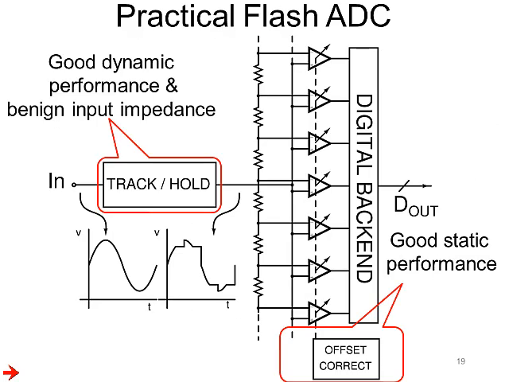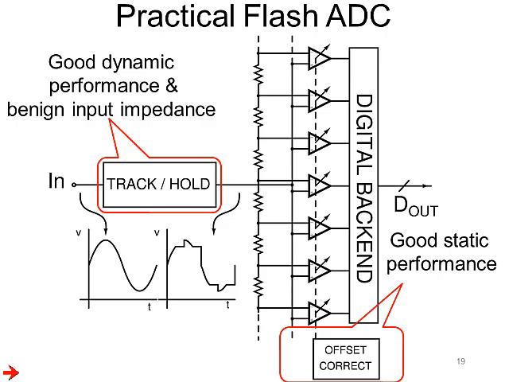To solve this problem, a track and hold is inserted up front. The track and hold does two things. One, it provides a held signal to the comparator array, and this causes clock skew effects to be minimized. Further, it provides a benign input impedance to whatever stage is driving the ADC.